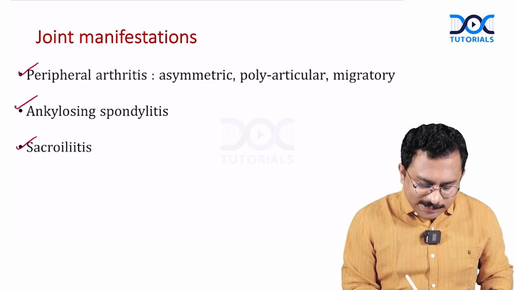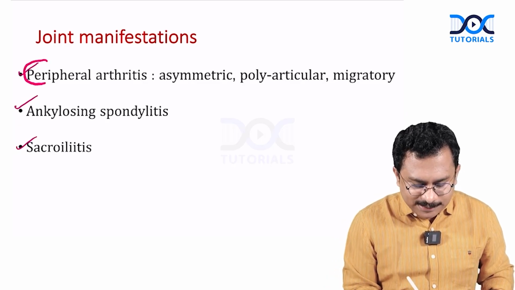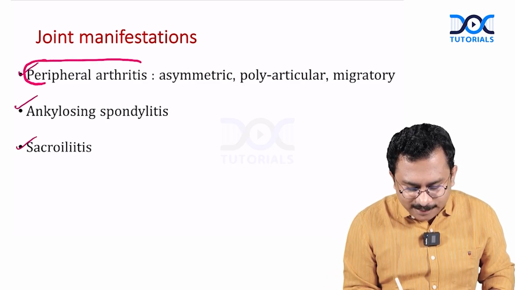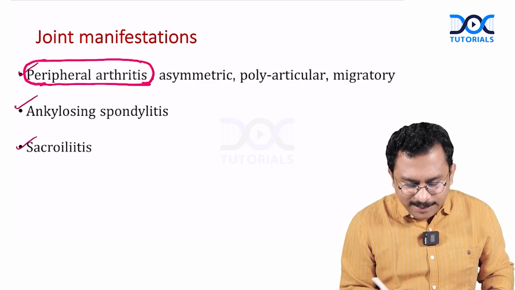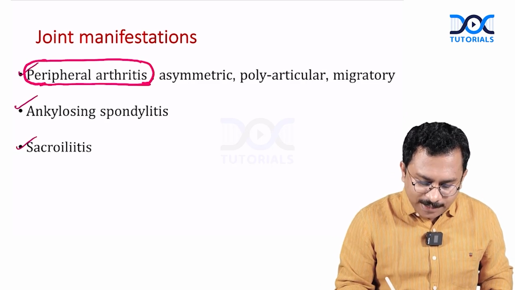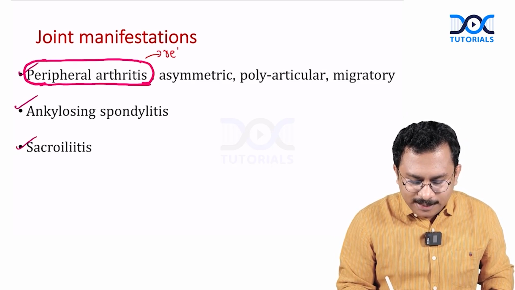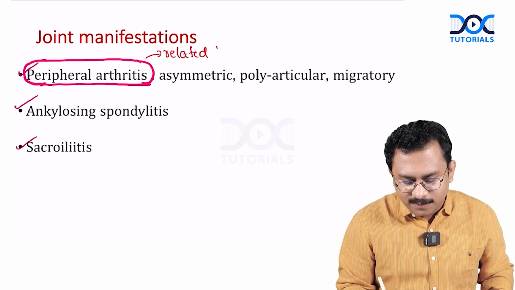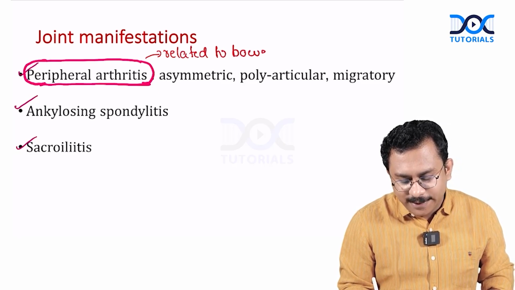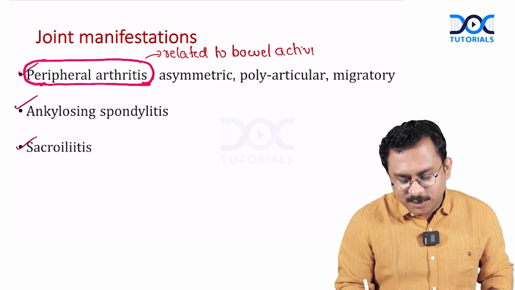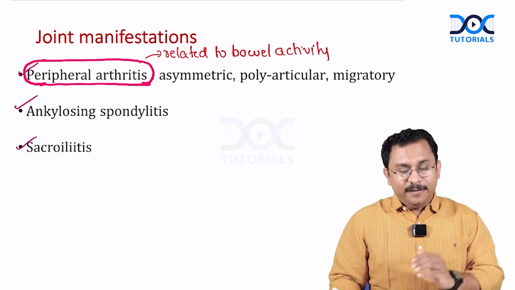So I want you to know this peripheral arthritis is related to bowel activity. So in the active phase or the relapse phase, you are likely to get the peripheral arthritis.